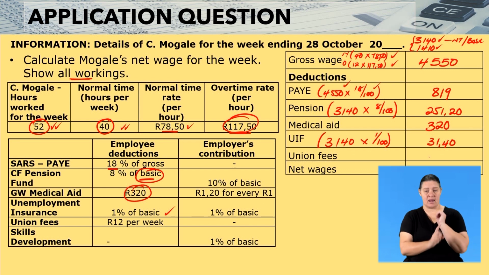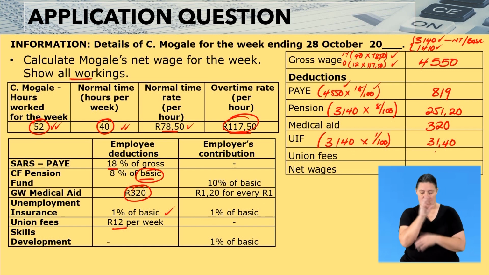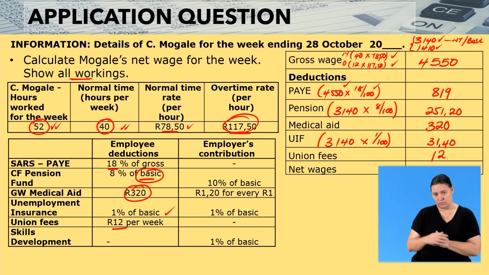Then lastly, union fees. My union fees are 12 Rand per week. I want you to grab your calculator.